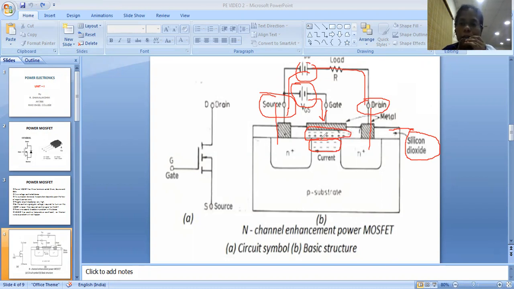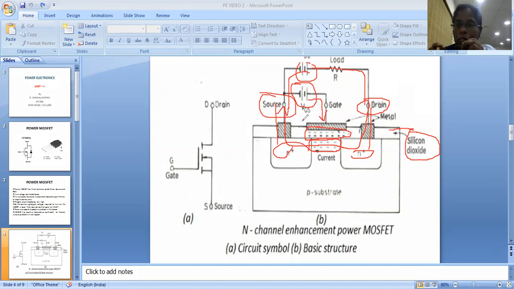All the electrons accumulate at this portion, and it forms a channel between this N layer and this N layer. So there is a channel formed between drain and source. From the drain, the current will flow through this channel to the source. This is how it is working.